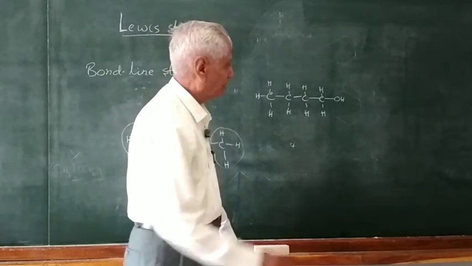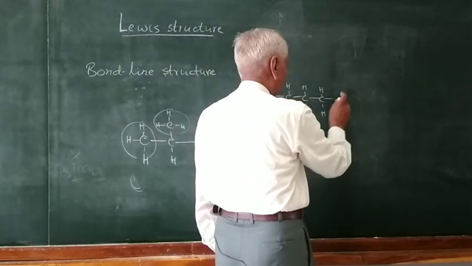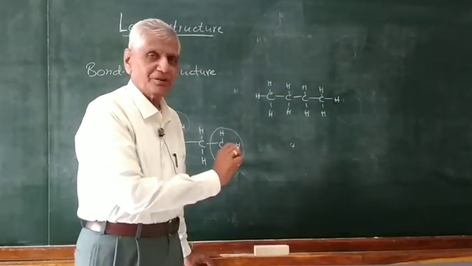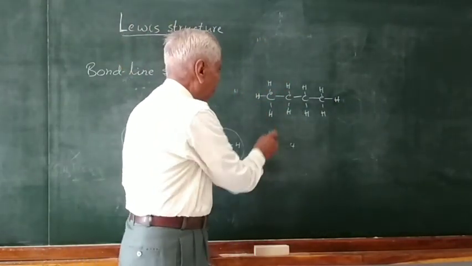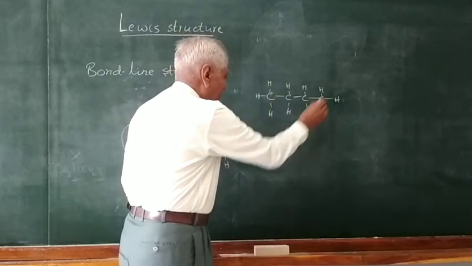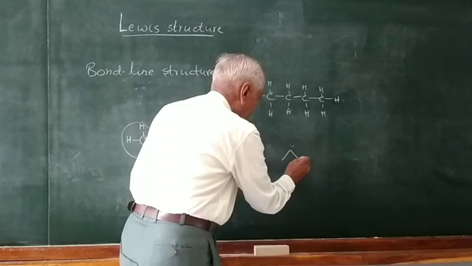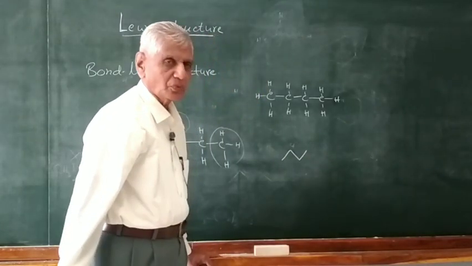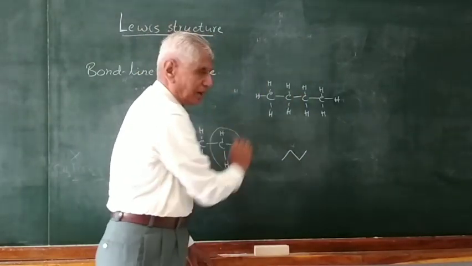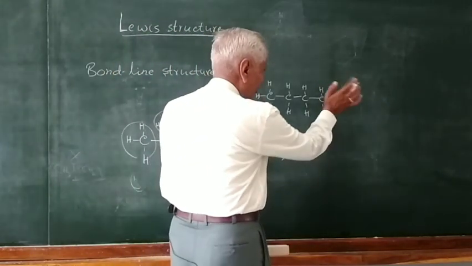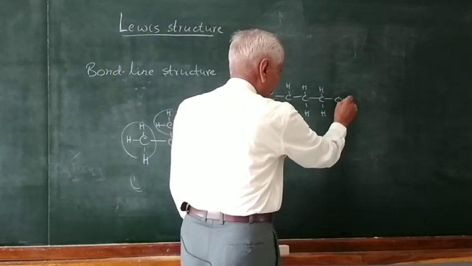Okay? Now suppose this OH group is not there. H is there. What is the bond line structure? CH3, CH2, CH2, CH2. Like this. Okay? Here, one H is not there, OH is there.